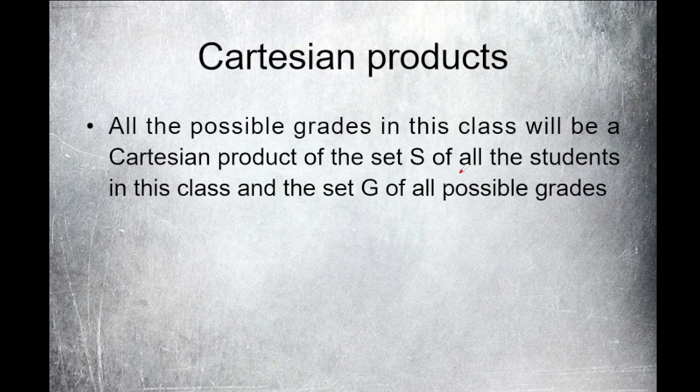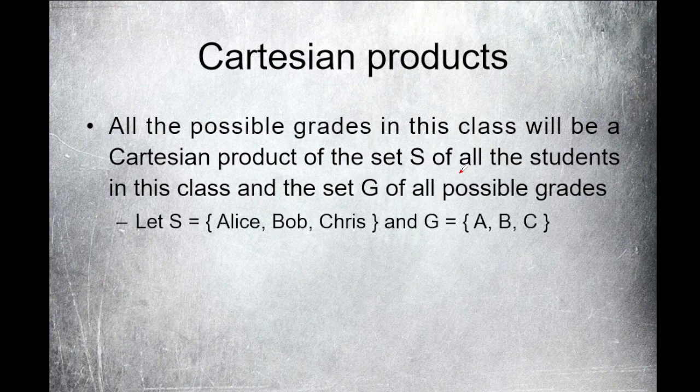So in this general case, all the possible grades in the class will be the Cartesian product of the set S of all the students in the class and the set G of all the possible grades. So both should be common.